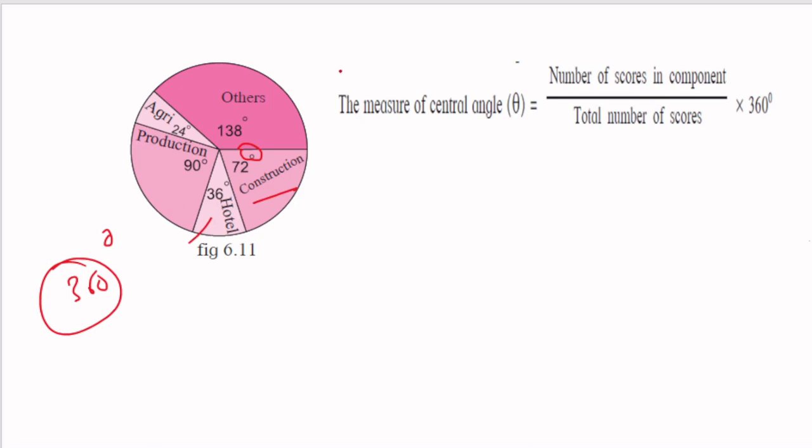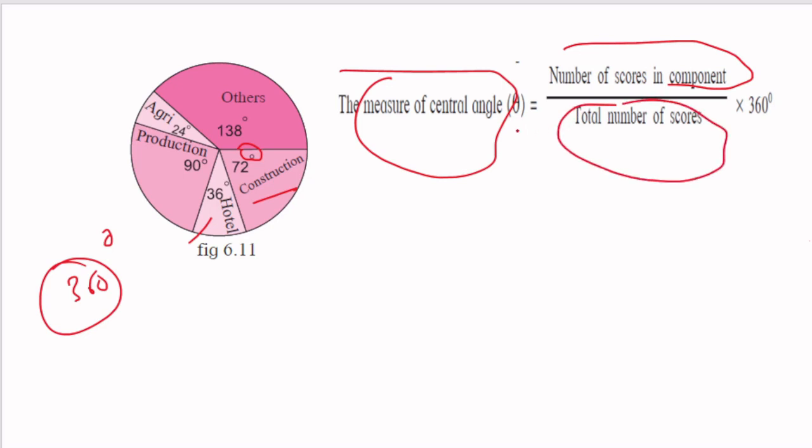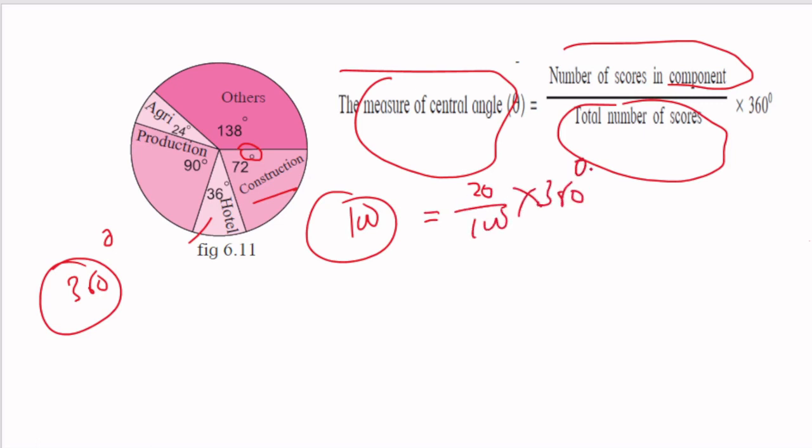So how can we measure the angle? Angle can be measured using the number of scores in the component and the total number of scores. So for example, say in total we have 100. Out of that 100, 20 belongs to construction. So 20 divided by 100 into 360. Why 360? Because the total angle of the circle is 360.